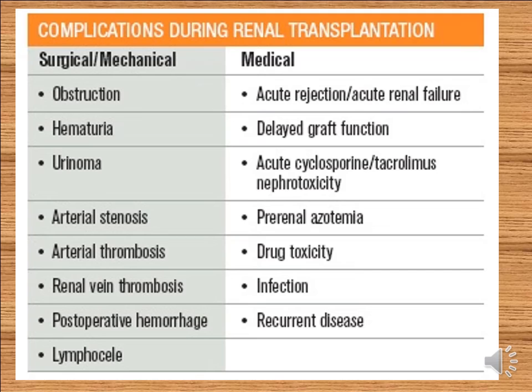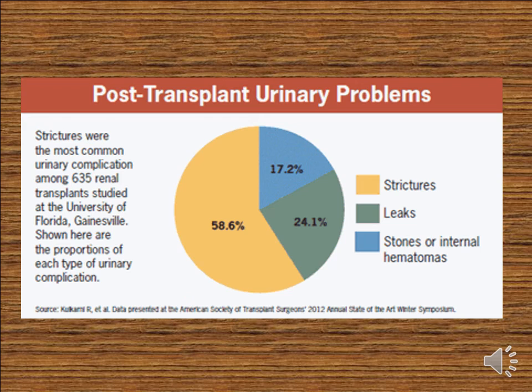Medical complications are acute rejection, acute renal failure, delayed graft function, acute cyclosporine and tacrolimus nephrotoxicity, pre-renal azotemia, drug toxicity, infection, and recurrent disease. Regarding post-transplant urinary problems, stricture is the most common urinary complication, followed by urine leaks and stones or internal hematoma.